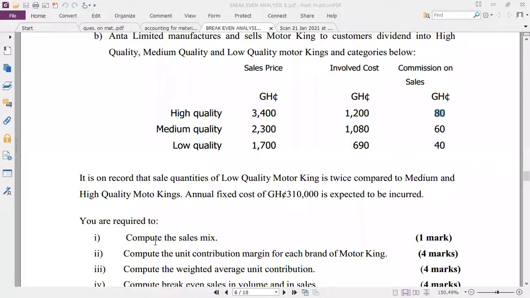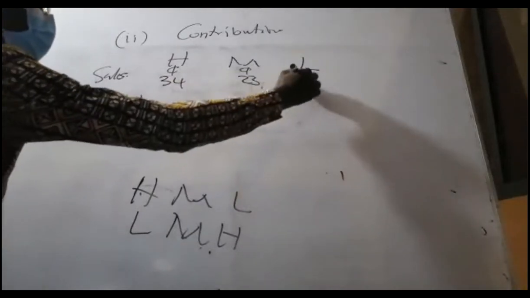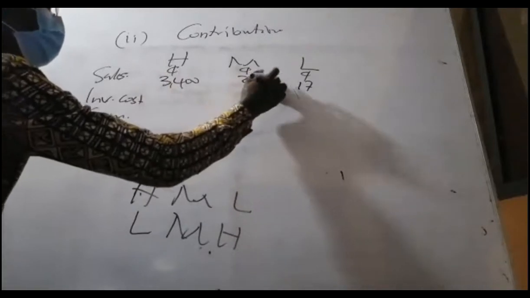Let's go and pick the sales from this particular question. The sales is 3,400, 2,300, and 1,700. So 34, 23, 17. Okay, so involved cost. Let's go and pick the involved cost too.